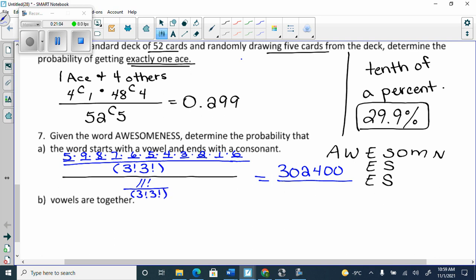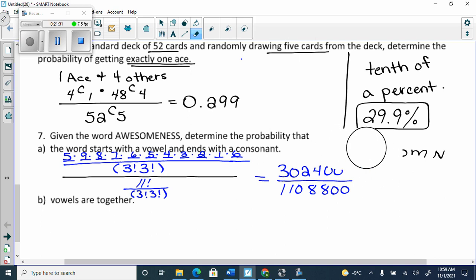So any question I ask about awesomeness, the denominator is going to be 11 factorial divided by 3 factorial, 3 factorial. Okay? So I get 1,108,800.